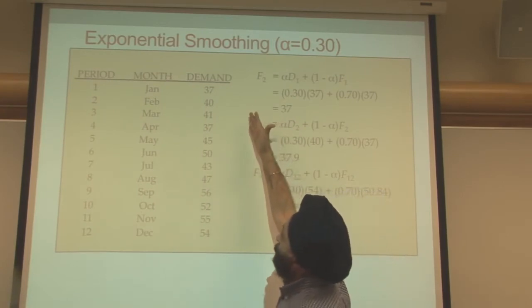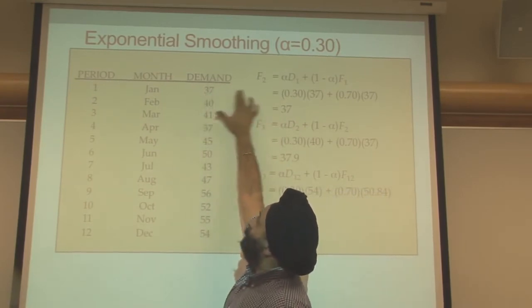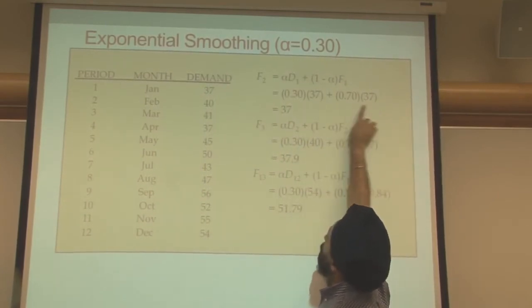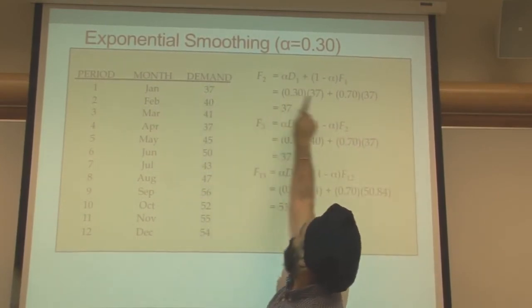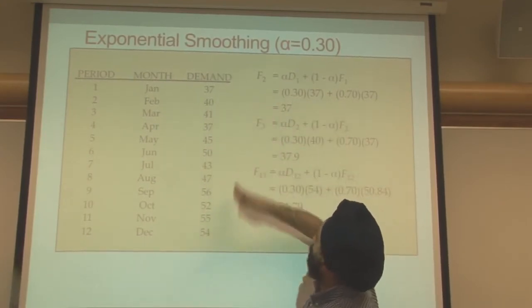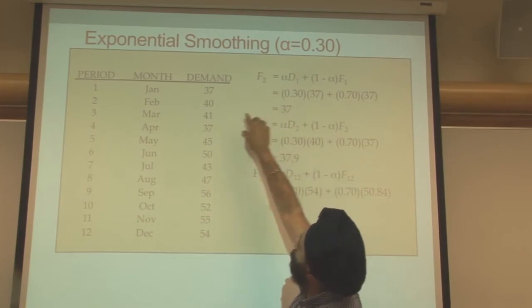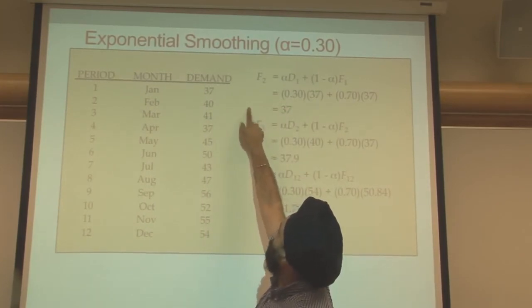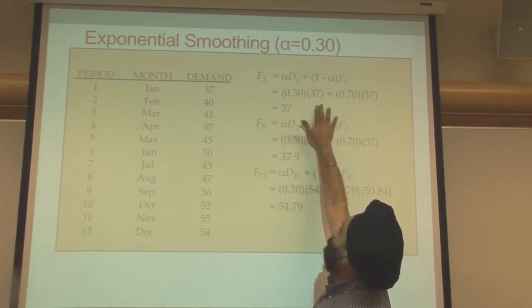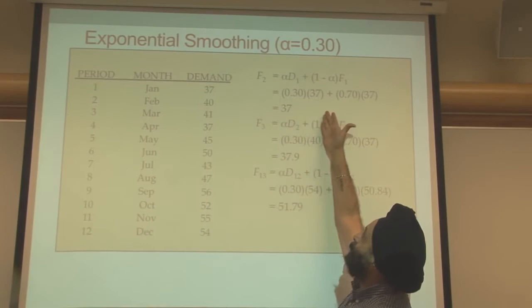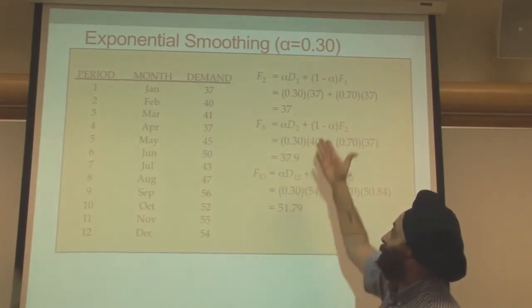If it's not available, you just assume that to be 37. So 37 and 37 are used over here: demand dt is 37, and the forecast being put in is 37. So your February forecast ends up being 37 because 0.3 of 37 and 0.7 of 37 add up to 1 times 37, which is 37.